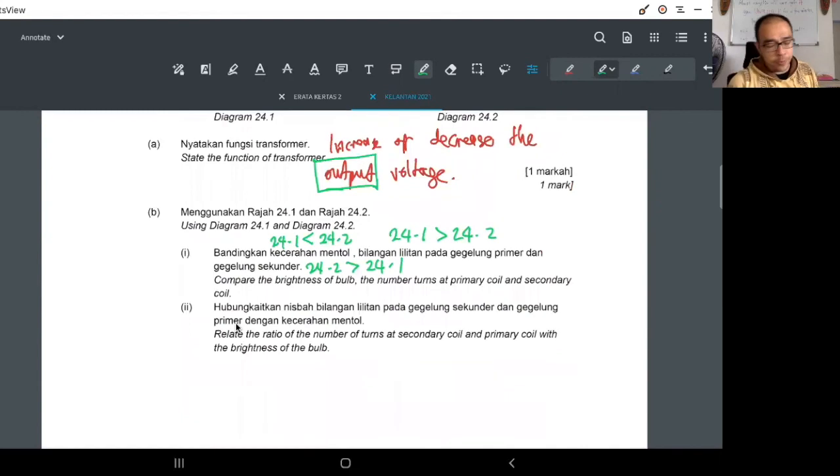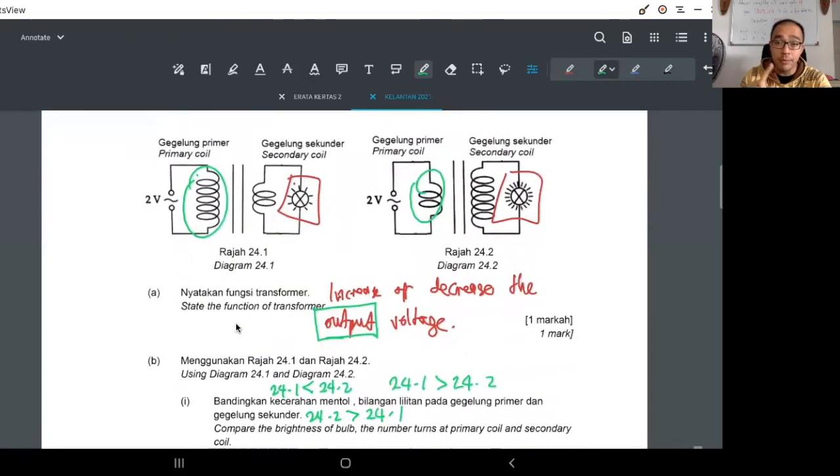Relate the ratio of the number of turns at the secondary coil and the primary coil with the brightness of the bulb. It should be the bigger the ratio, the bigger the brightness.